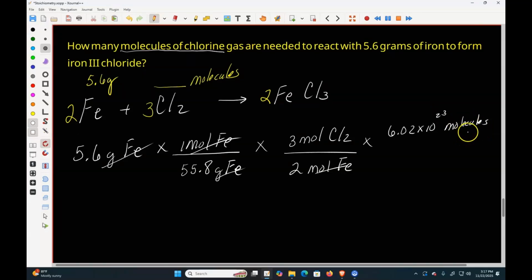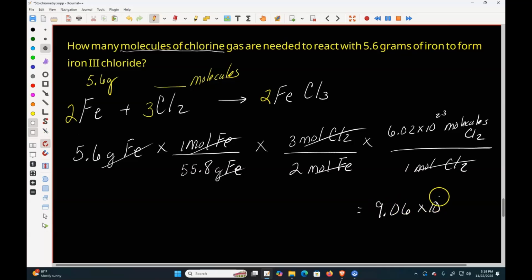The molecules of Cl2 per 1 mole Cl2. So I'm going to say 5.6 times 3 times Avogadro's number divided by 55.8 times 2. I get 9.06 times 10 to the 22nd molecules of Cl2.